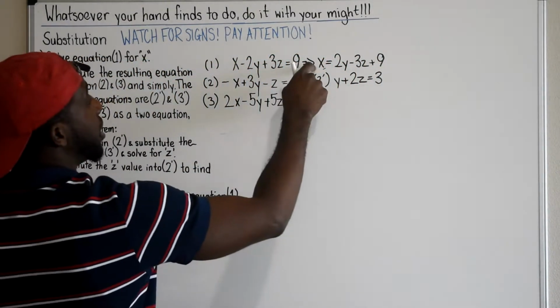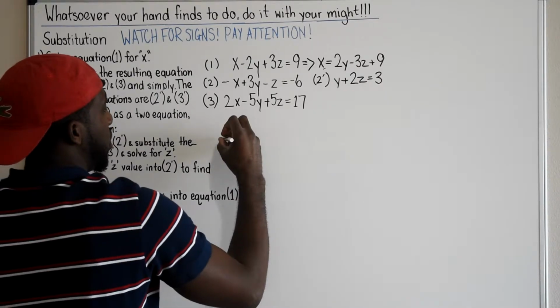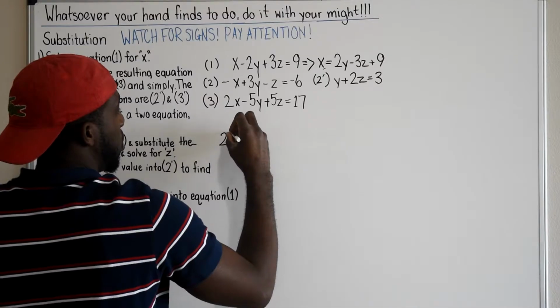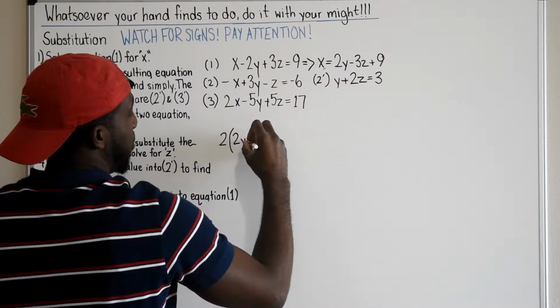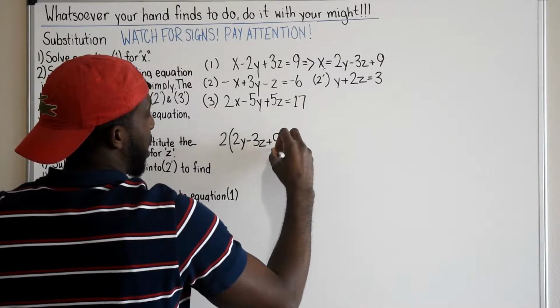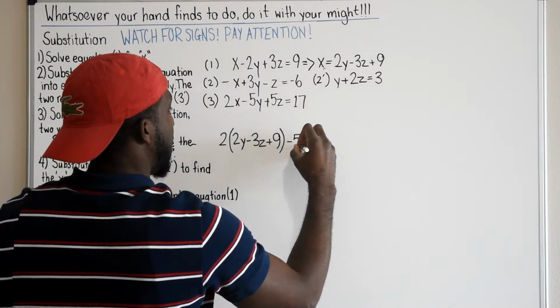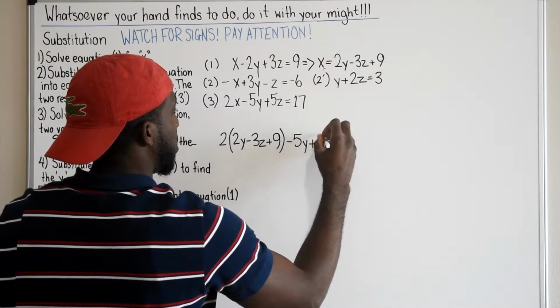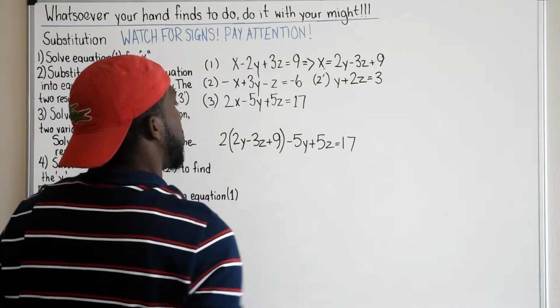Okay, so I'm taking this right here, and I'm substituting into this x right here. So this is going to be 2 times (2y minus 3z plus 9) minus 5y plus 5z equals 17.